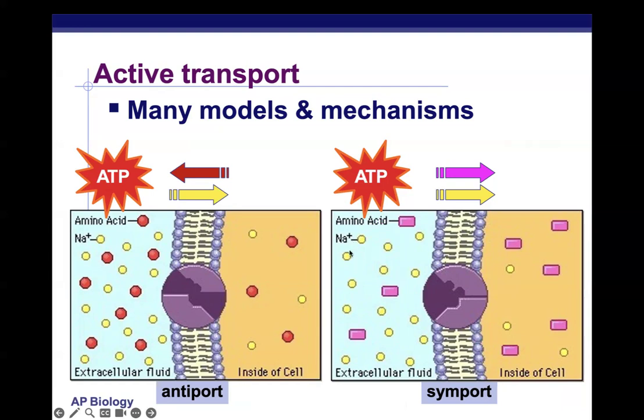So here, amino acids and sodium are being pushed in the same direction. Or they might have antiporters, in which case, in this picture on the left, amino acids and sodium are being actively transported in opposite directions. So one is at a high concentration out of the cell, and the other is a high concentration in the cell.